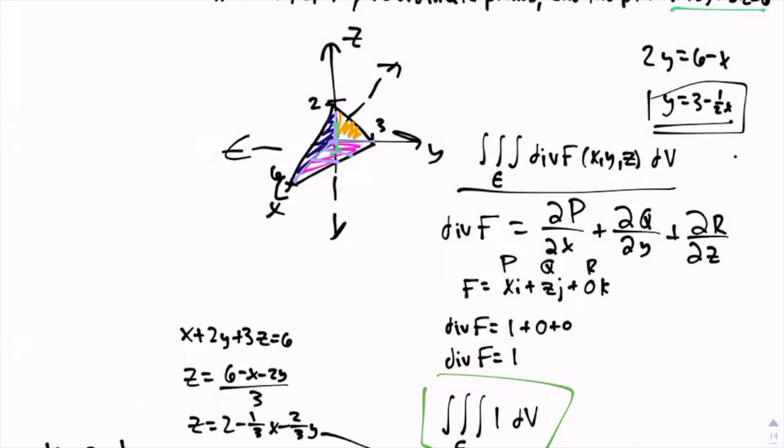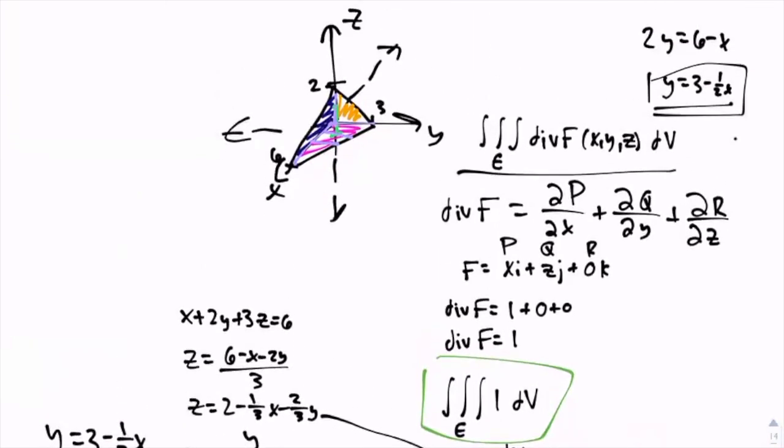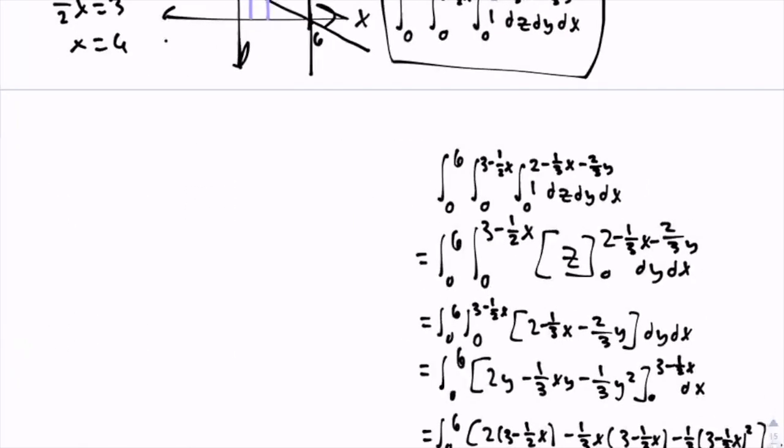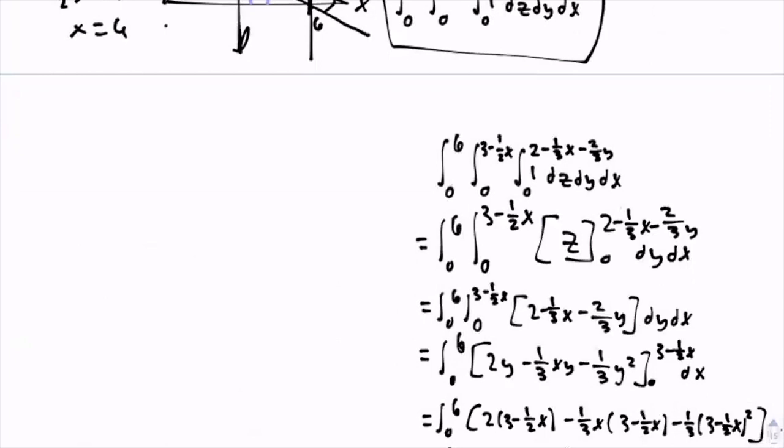And the way that we can do this is by looking at this tetrahedron and realizing that it is in fact a pyramid, a triangular pyramid with a triangular base. So the way we could verify our answer is simply by finding the volume of a triangular pyramid. And so we know the volume of a triangular pyramid.